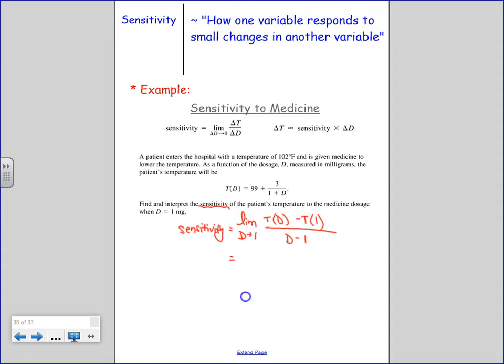So we get the limit as D approaches 1, and plugging in 1 you got 3 halves. So 99 plus 3 halves is 100 and a half.